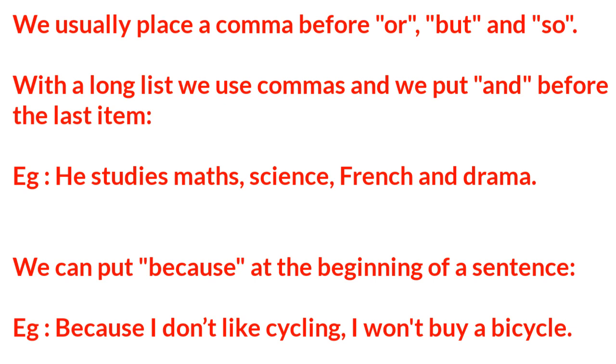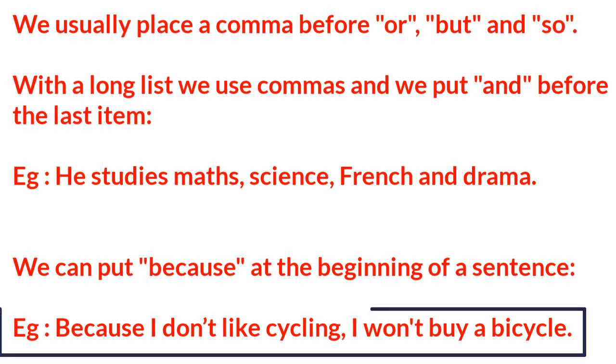We can write the same sentence in another way too. I won't buy a bicycle because I don't like cycling. But we can start a sentence with a conjunction like this. Because I don't like cycling, I won't buy a bicycle. So in this way also we can use a conjunction.